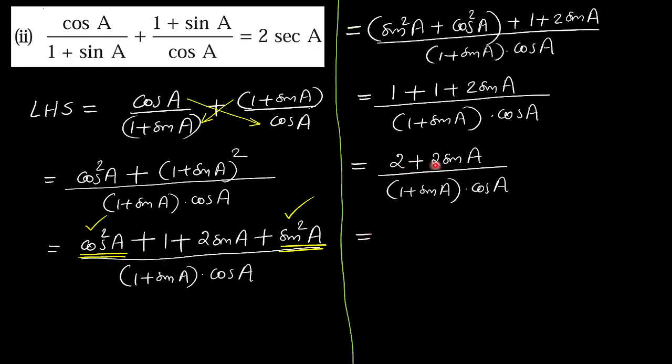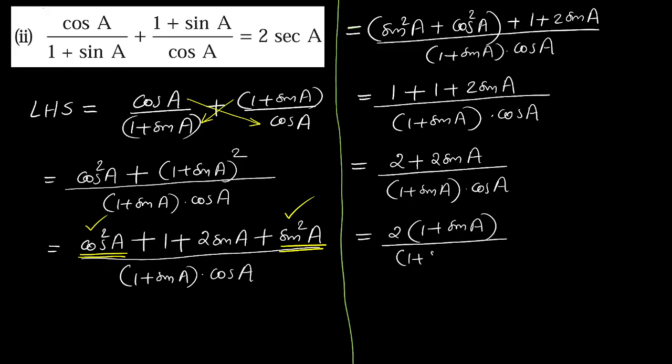And whenever you see any common term, you must take it outside. 2 plus 2 sin A, 2 is common. 2 into 1 plus sin A. From both the terms, 2 taken out.